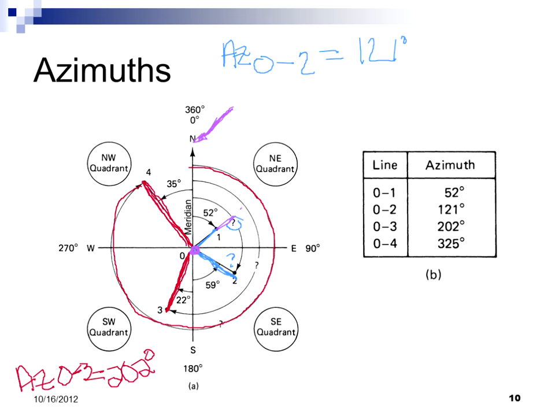You would know that you are somewhere on this line here, because you know where your meridian is and you can mark off 52 degrees and you know that you're heading in that direction.